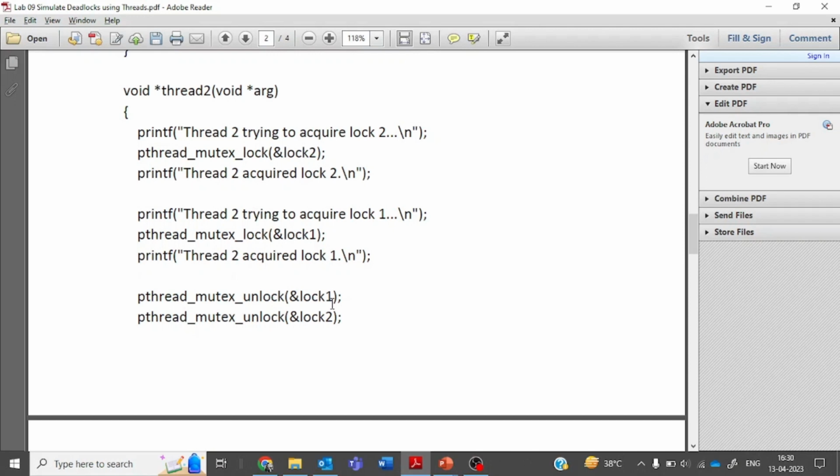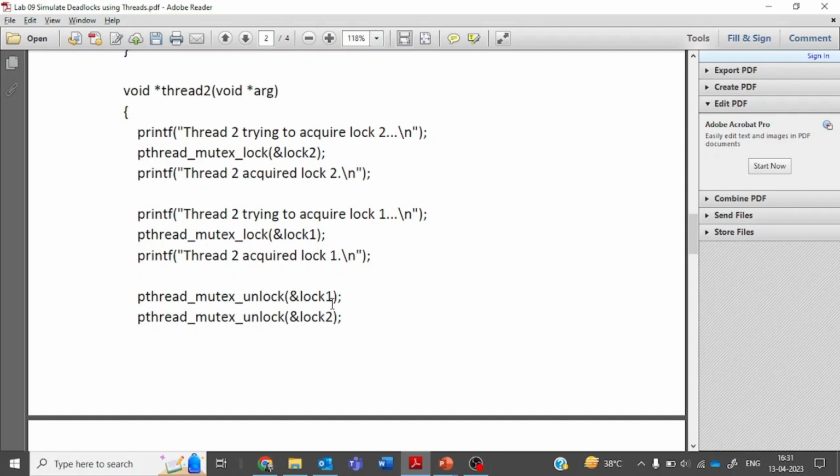So the order is, you first initialize the mutex, then after initializing, you lock it, then you unlock it, and eventually you destroy it. This is the final set of four steps, the complete flow of execution when we talk about the locking mechanism in C.